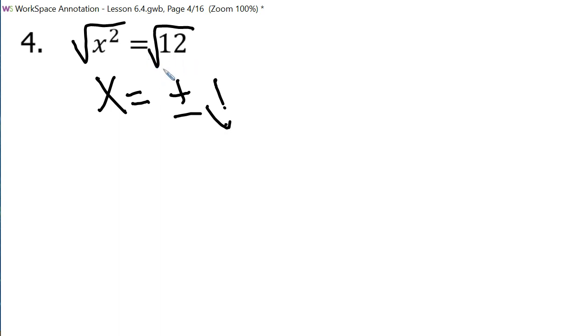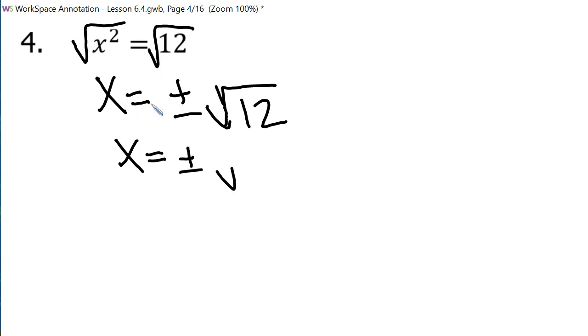Now your answers need to be in simplest radical form. Is that in simplest radical form? No, so we need to go back to what we just did in Unit 5 with the radicals. We need to simplify that radical. We need the perfect square factor of 12, and it would be 4 times 3.